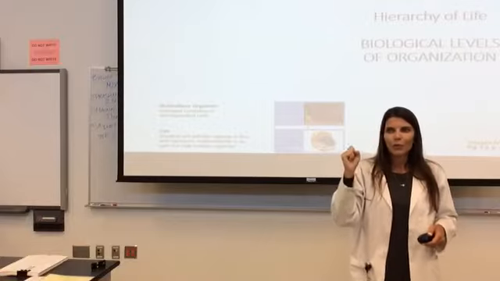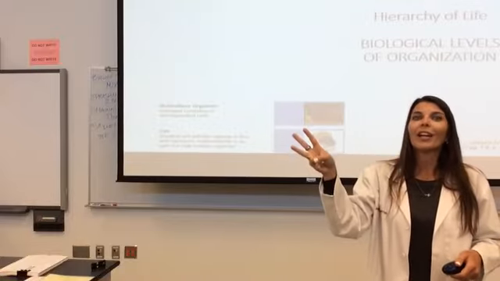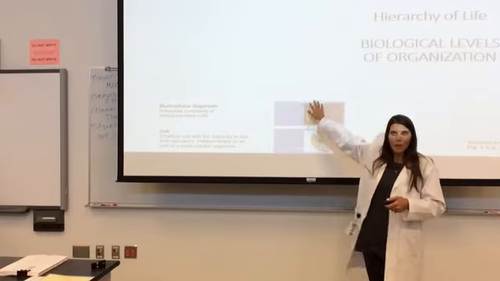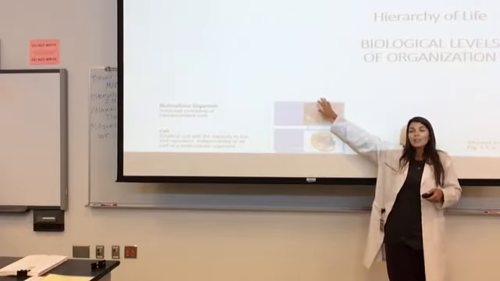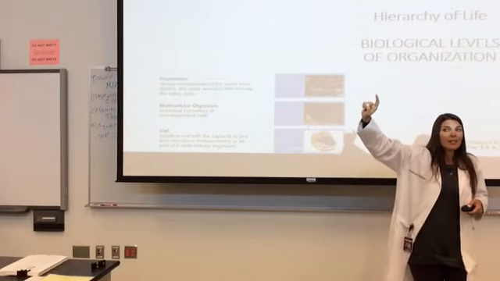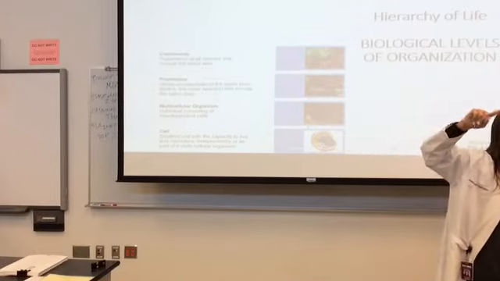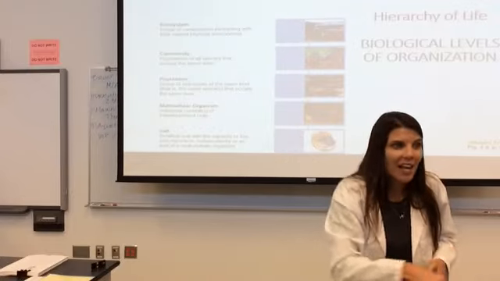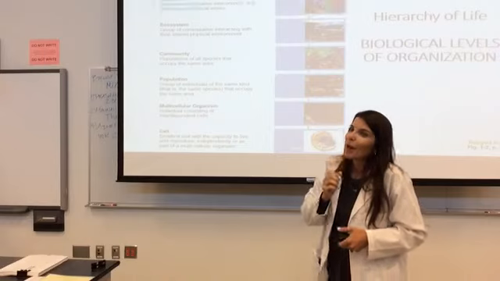Tissue? Organ system. And then we get to our organism, and a group of organisms is a population, multiple populations, a community, and community with the physical non-living aspects of the environment, an ecosystem, and all the ecosystems, the biosphere.